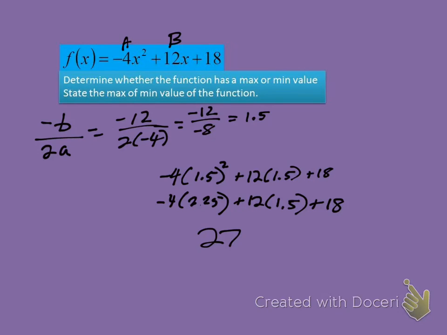Anybody know why? Cozy? A is negative. See how A is negative? That's going to flip your graph to make it look like a mountain instead of a U. So then 27 is your max.